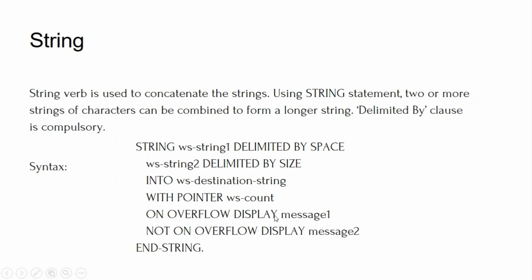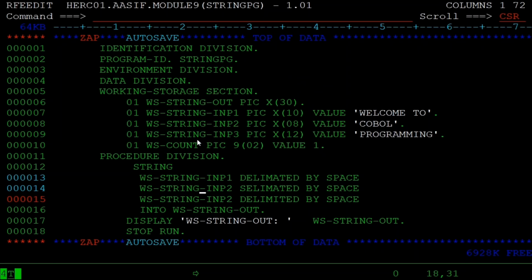ON OVERFLOW display message 1, NOT ON OVERFLOW display message. If we find any exception, for example, if we have defined WS-STRING-OUT as 30 characters, but all three strings would be 32 characters, this is the exception handling. ON OVERFLOW display this, NOT ON OVERFLOW display this. So this is the syntax we have, and this is the program we have.